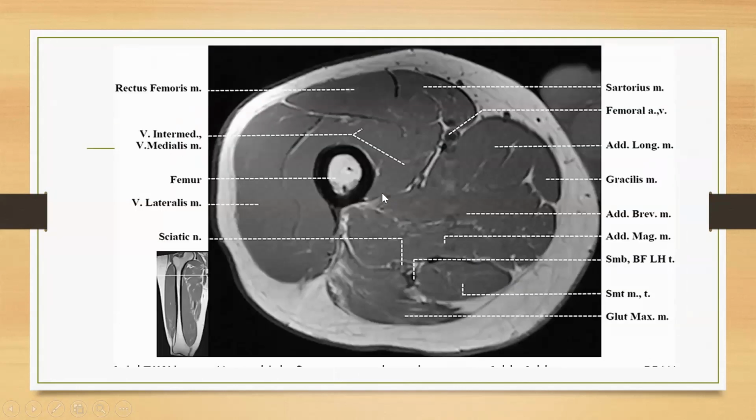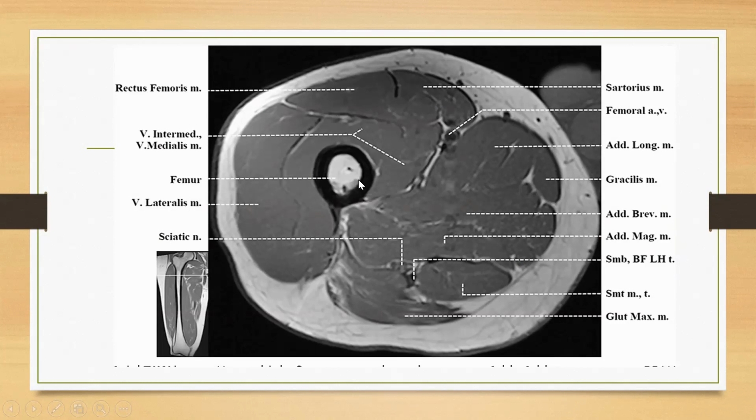This is a cross-section MRI showing us the compartments of the upper thigh, which includes the sartorius muscle, which is the most superficial one. The rectus femoris is the most anterior one. The vastus lateralis, and this is vastus medialis, and this is vastus intermedius around the femur.